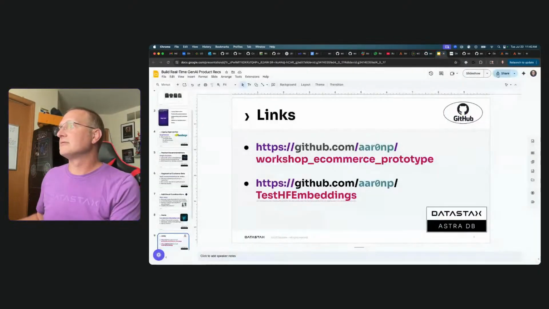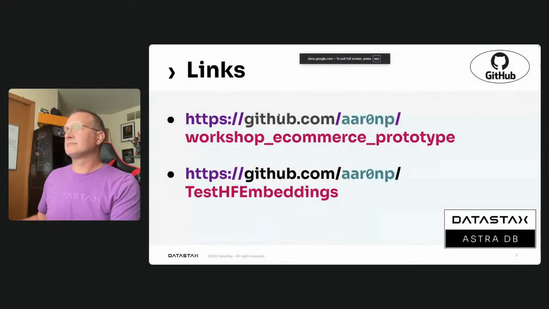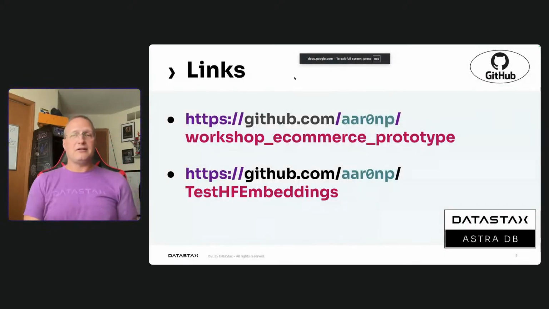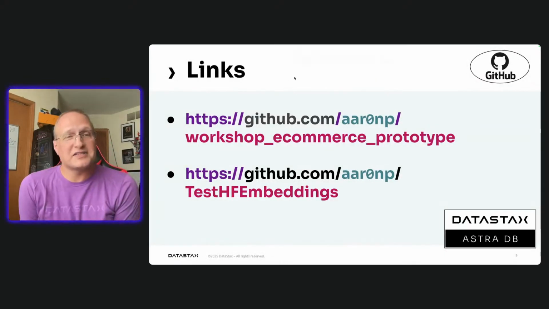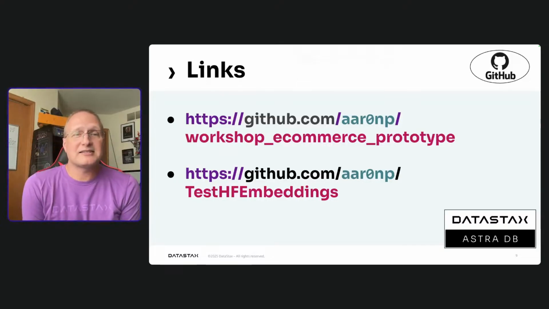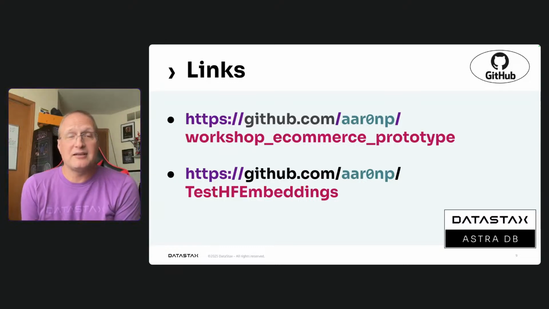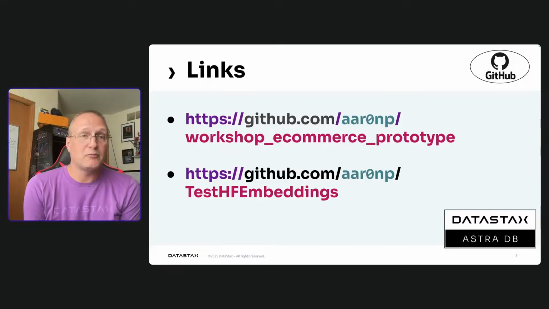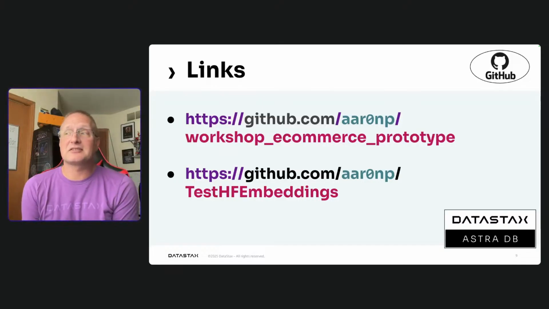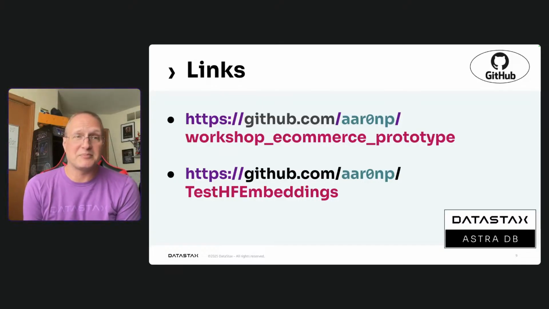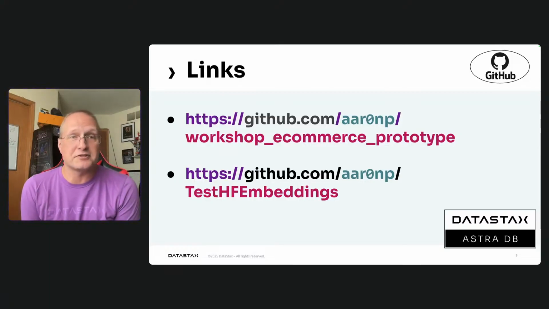All right. Okay. Well, like I said, I'd have some links available. Both of these are GitHub repositories. The first one is the code to our e-commerce workshop website. Specifically, it's the one for the prototype that I've gone ahead and added some GenAI features to.